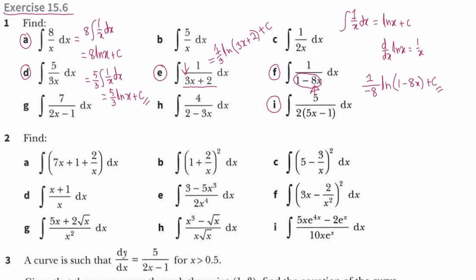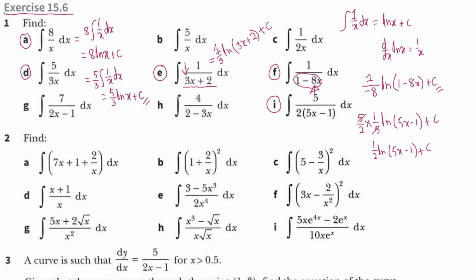Question I is written here 5 by 2, we can write as a constant, then again 1 by 5, then ln 5x minus 1 plus c. So we can cut out this 5 and 5, so it becomes half ln 5x minus 1 plus c.